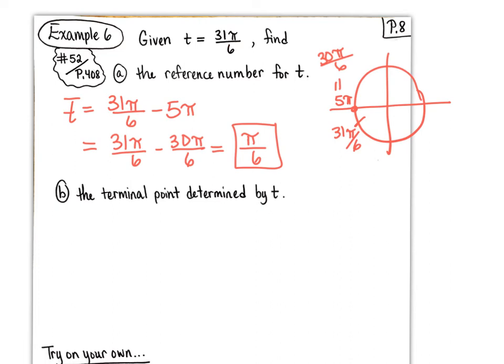Negative square root of 3 over 2, comma, negative 1/2. Good. Because we know that 31 pi over 6 lies in quadrant 3. So T is in quadrant 3.